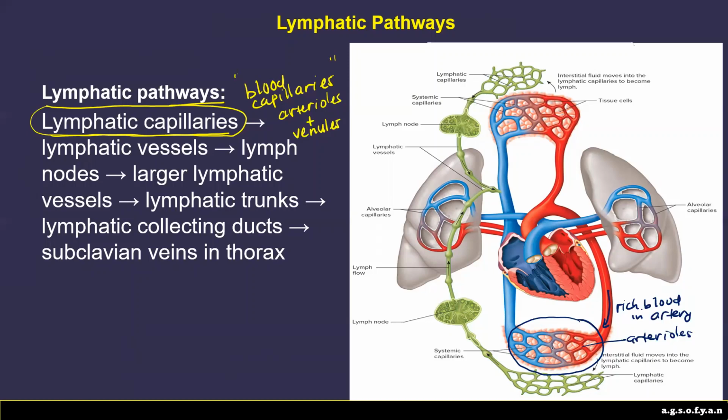And then the cell will produce waste products that will go to these venules. You see the venule color is blue, so this is going to carry poor blood, and the venules will combine to make the vein, and it becomes the vena cava.